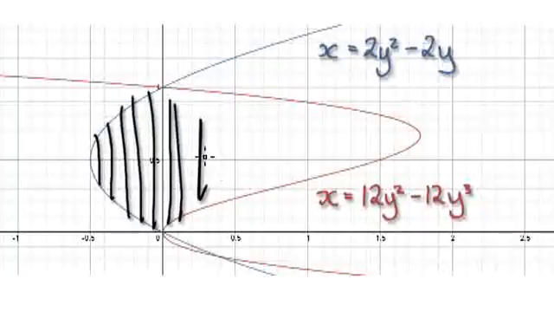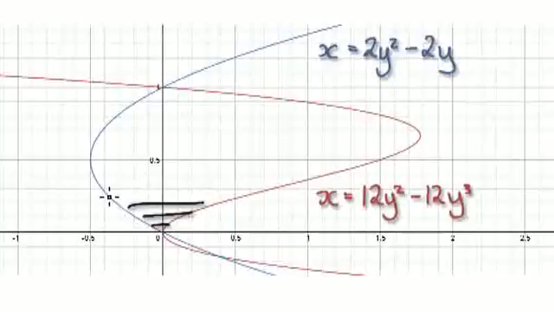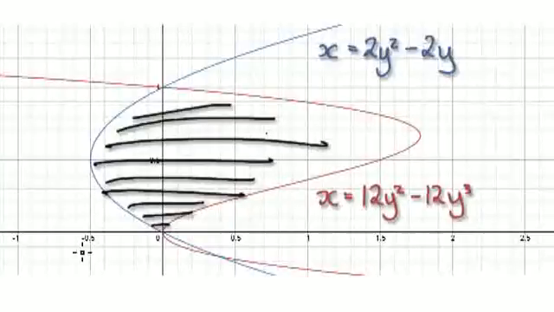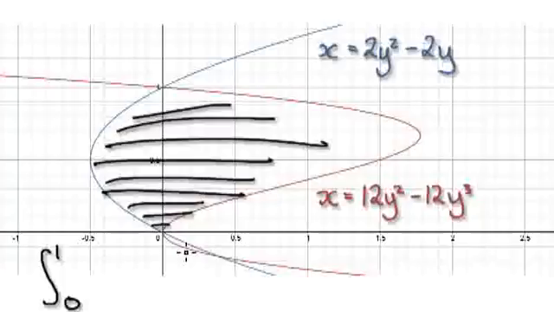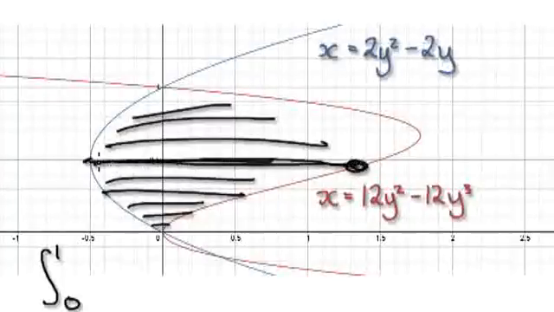If you do it vertically, it would be difficult. But if you do it horizontally, you would be integrating from 0 to 1, and then you would need to come up with an expression for this height here. Everything here is unique.